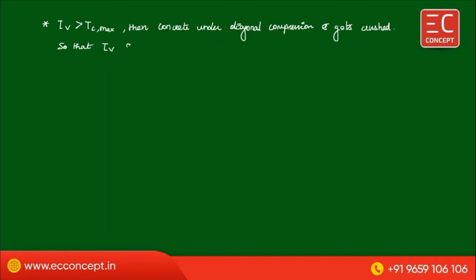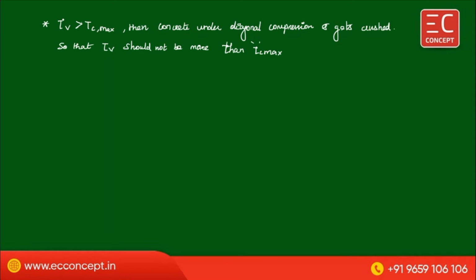Then the concrete under diagonal compression gets crushed, so that tau v should not be more than tau c max.